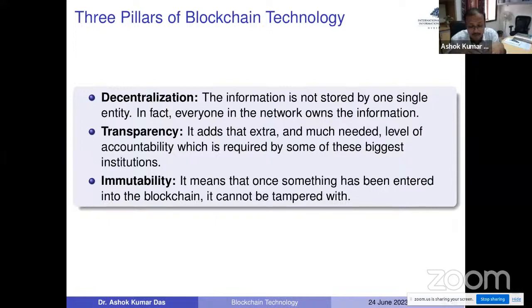In fact, everyone in the network owns the information, meaning that everyone in the network stores the same information or the same block.